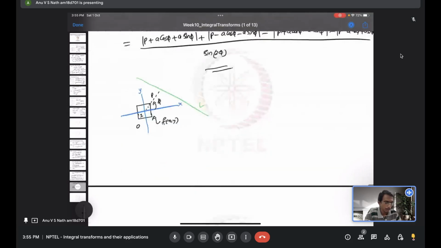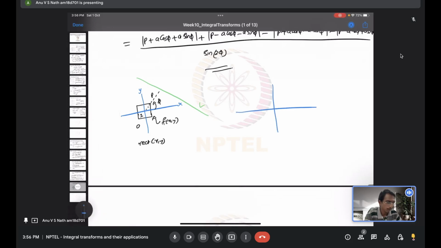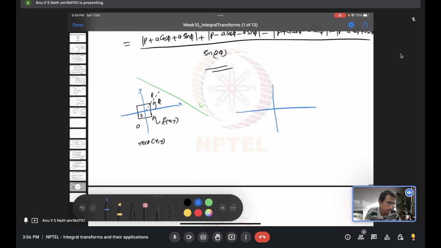But you can try a similar thing. This is the rectangular function of x comma y, and now consider the Gaussian function. We have done this earlier, and the expression we have evaluated.